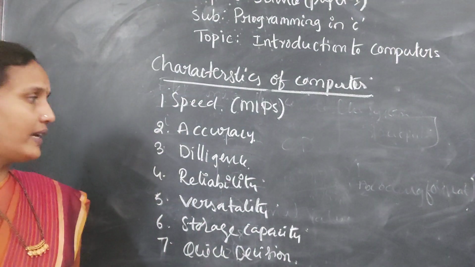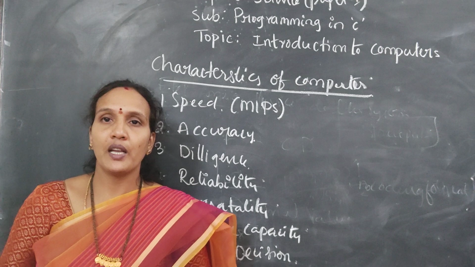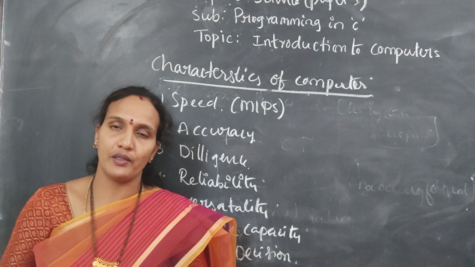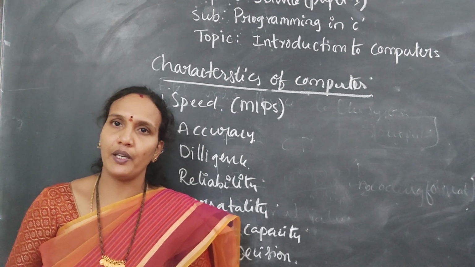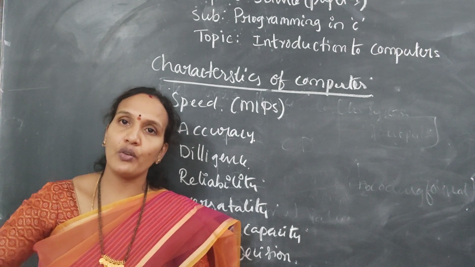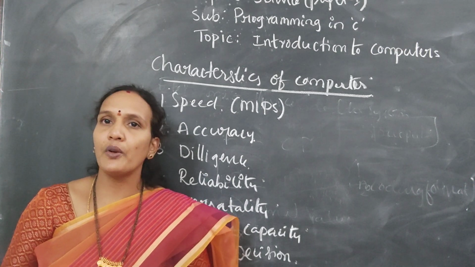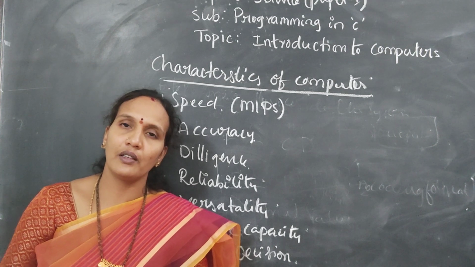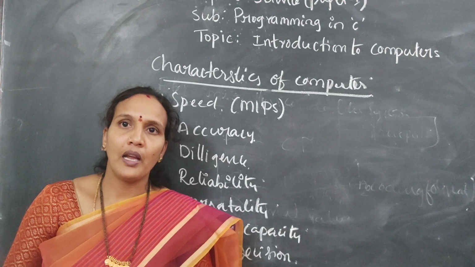Now, reliability. The next characteristic of a computer is reliability. Reliability means you can blindly depend on the computer. For example, nowadays every corporate company uses computers to store their information. Without computers there is actually no industry. Nowadays everyone implements everything using a computer. Why?